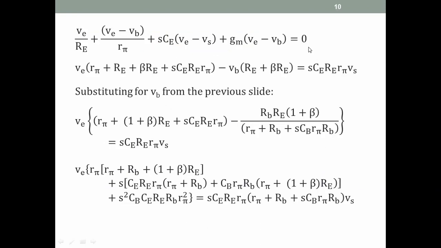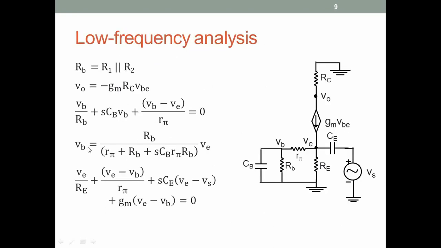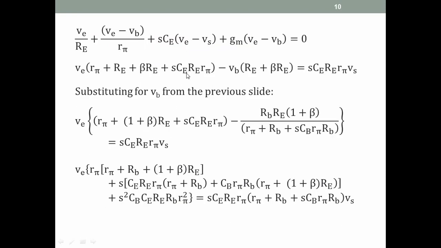So I've written that again, and if we multiply out by RE R pi and combine terms, we'll get this. And now if we substitute for VB from here in terms of VE, on the left hand side this VB will get replaced by something in terms of VE, and we'll get this one big expression.